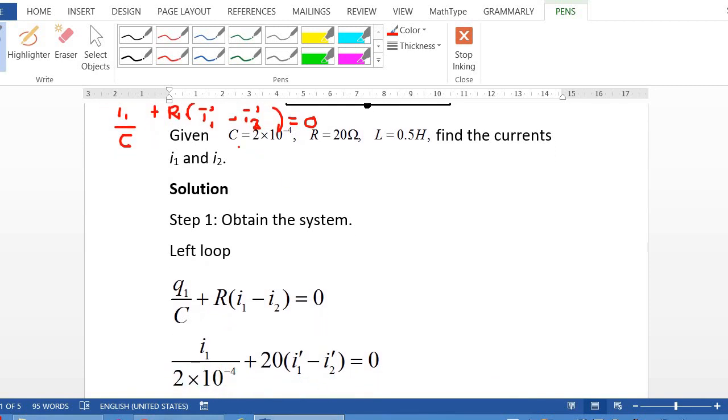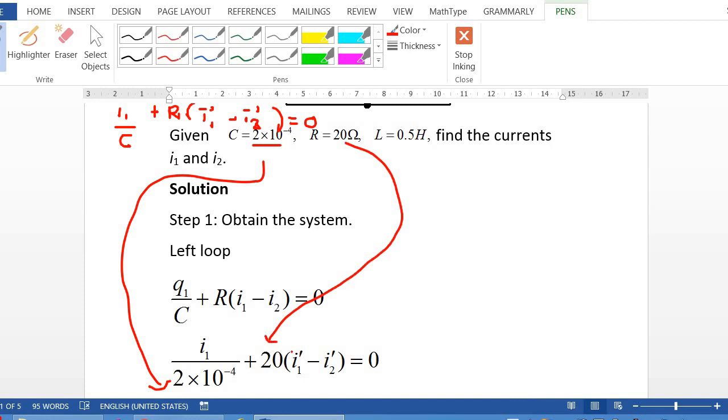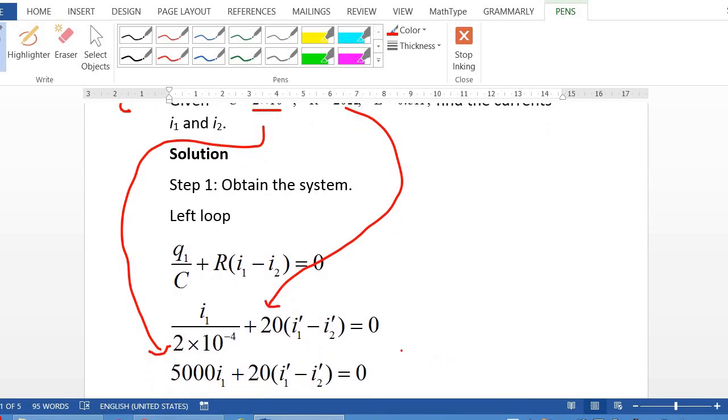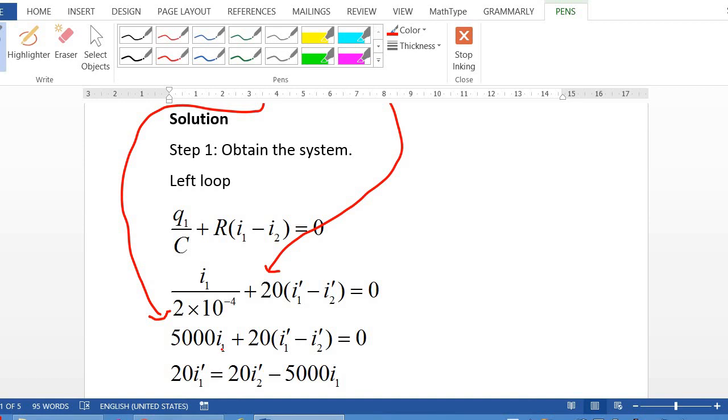I1 over C, where this is the C value that you plug in, and R is 20. Simplify, and you get 5000 I1 plus 20 times (I1 prime minus I2 prime) equal to 0.